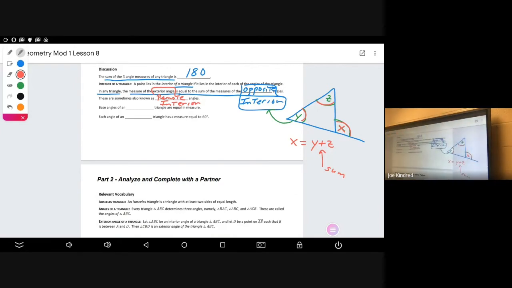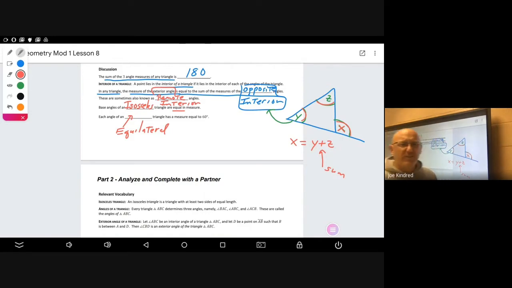We, of course, should be familiar that base angles of an isosceles triangle are equal in measure. We should also know that each angle of an equilateral triangle has the measure of 60 degrees.